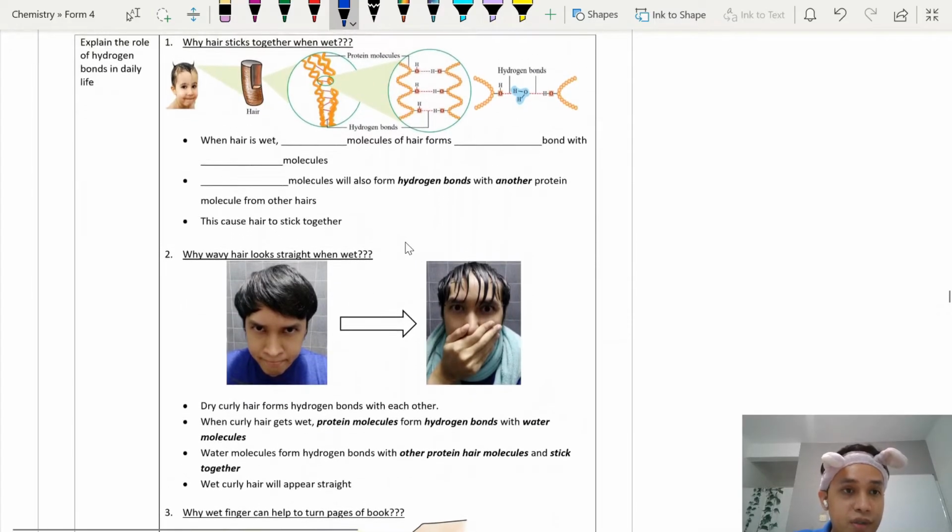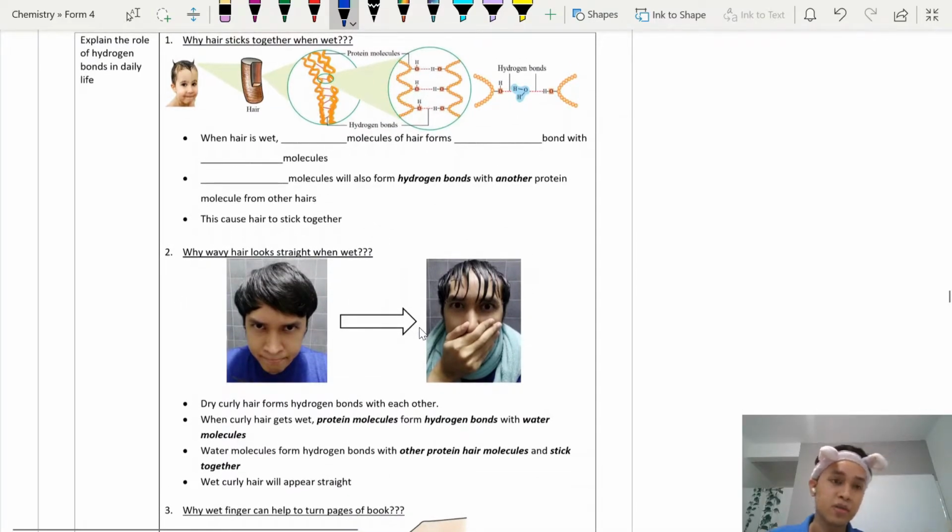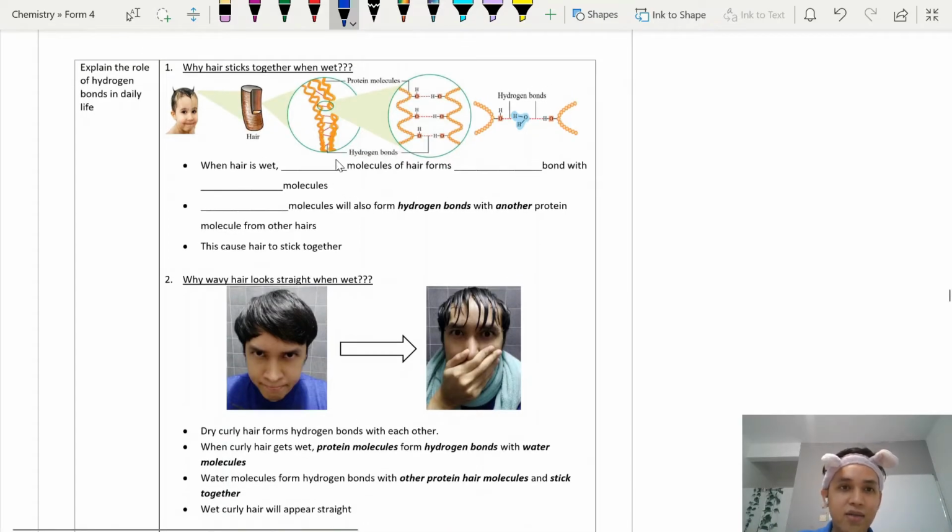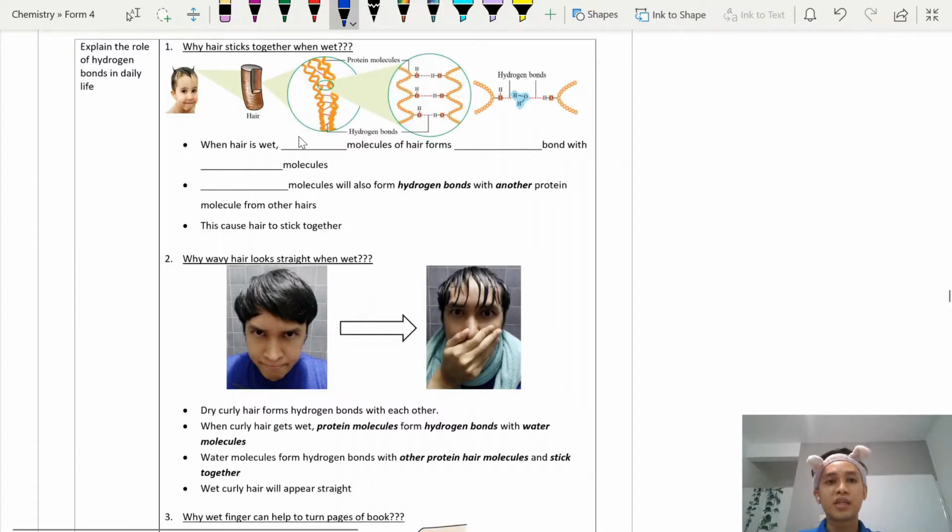This is where they're going to ask you questions on the effect of hydrogen bonds in your daily life. So why does our hair stick together when wet? It sounds ridiculous, right? But everything that happens in this world has a reason.